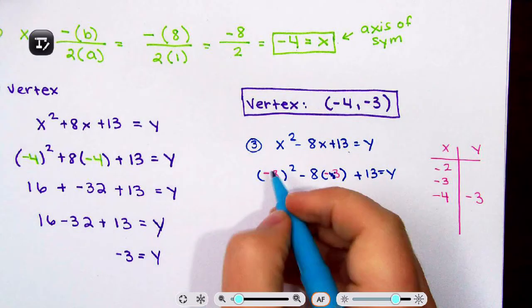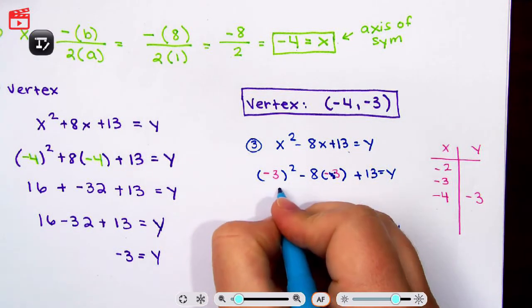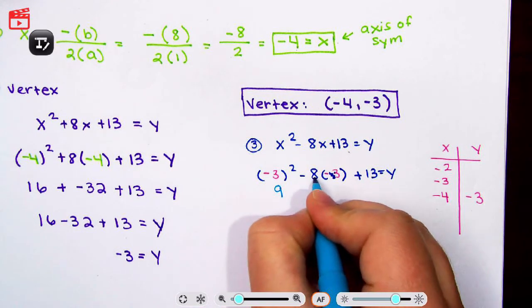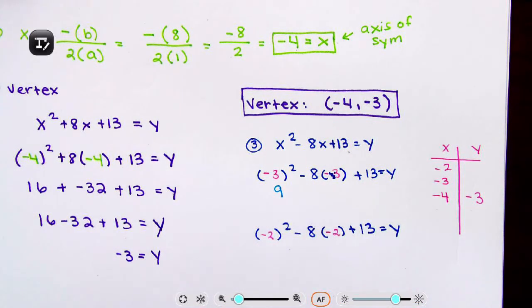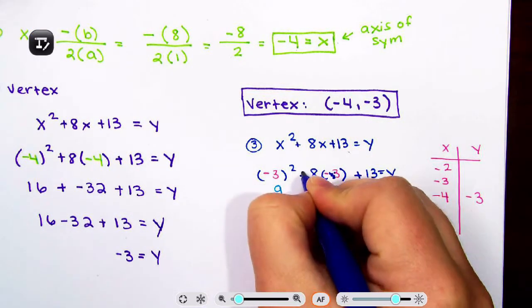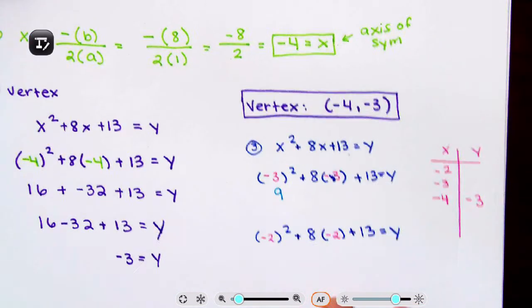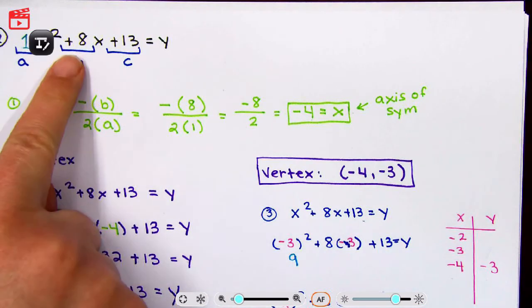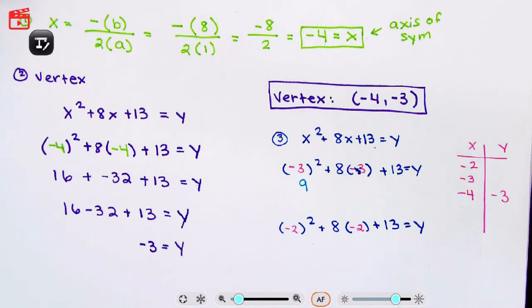We're going to simplify. -3 times a -3 is a +9. -8 times, should be a negative or a positive? Oh, I miswrote the original equation. This should be a +8. I'm going to just verify that. Yes, so we have a +8 and +13. Almost made a mistake.